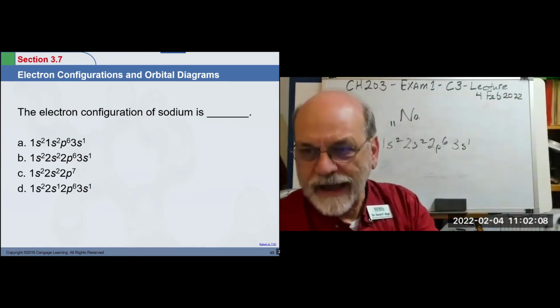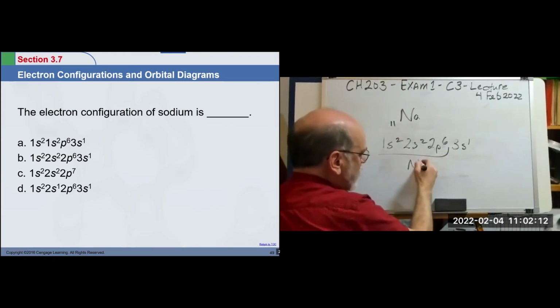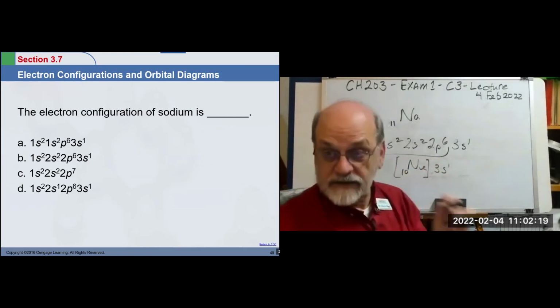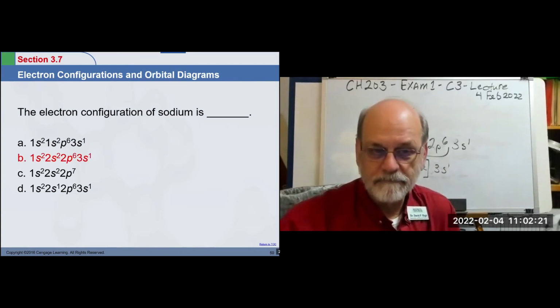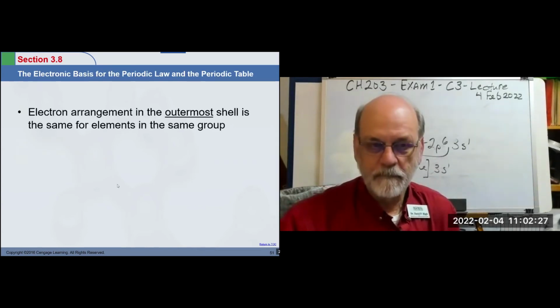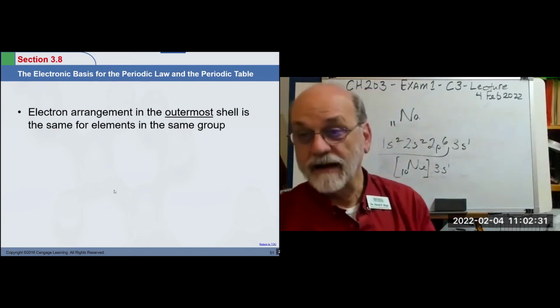If we draw it shorthand, then we take this one. That's neon 10 and 3s1. That's sodium. There we go. And I've already told you this.